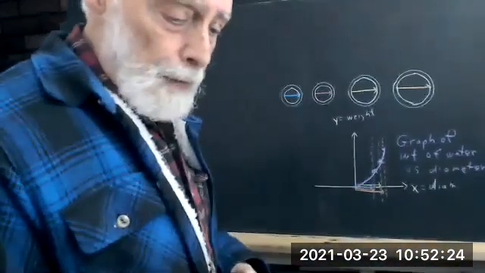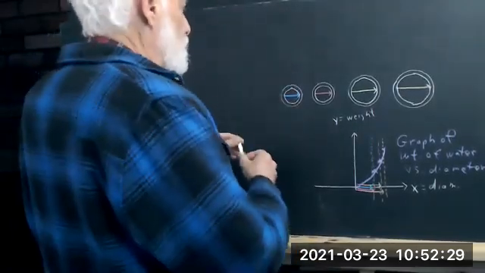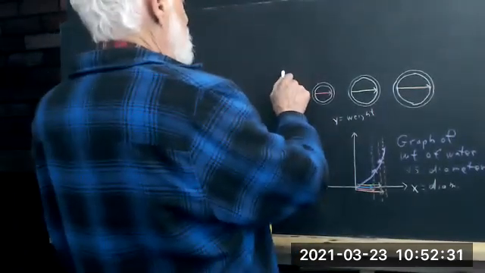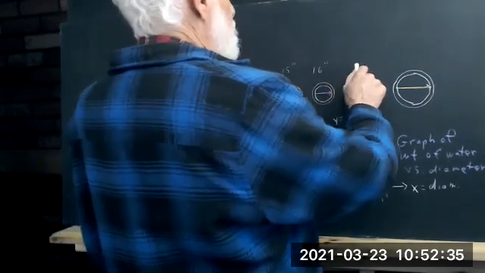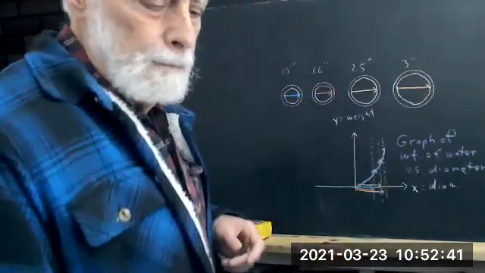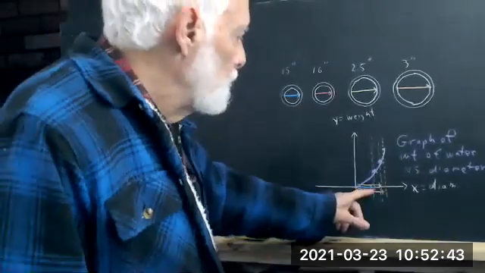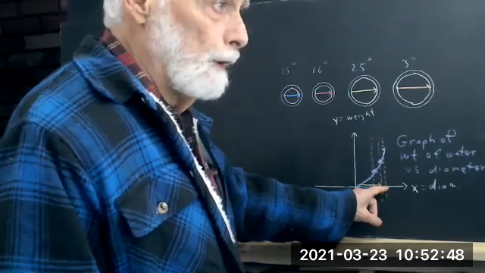Okay, so we could say that this is 1.5 inches, 1.6 inches, 2.5 inches, and 3 inches. So now we would know what x coordinates to use here. We'd have a 1.5 here and a 3 here.